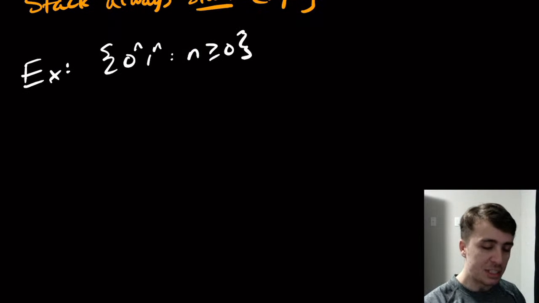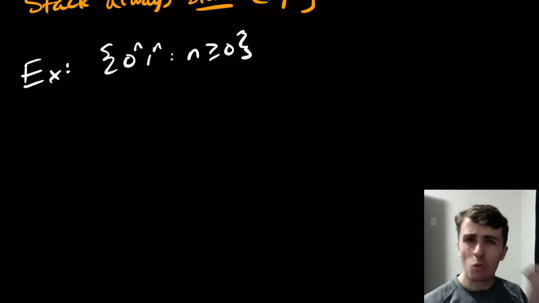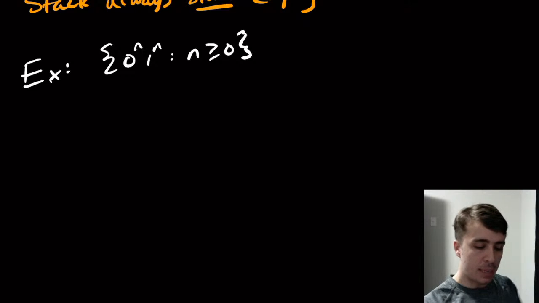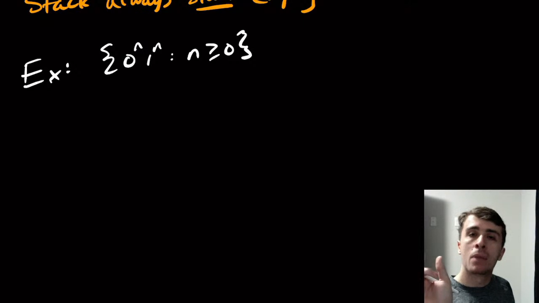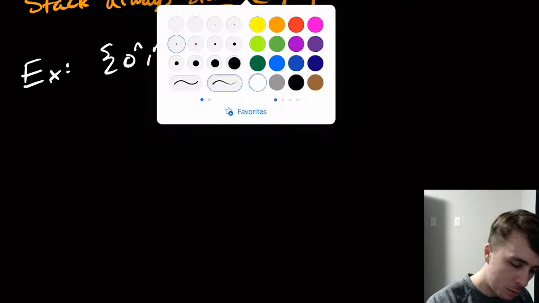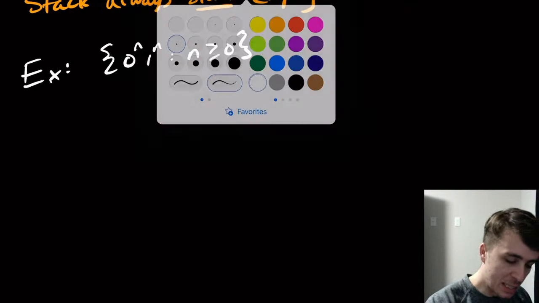Since this language is not regular, we have to use the stack in some non-trivial way. Because we have the same number of zeros and ones, the ideal way is whenever we see a 0, we put it onto the stack, and whenever we see a 1, we match it with a corresponding 0. That's the basic idea.